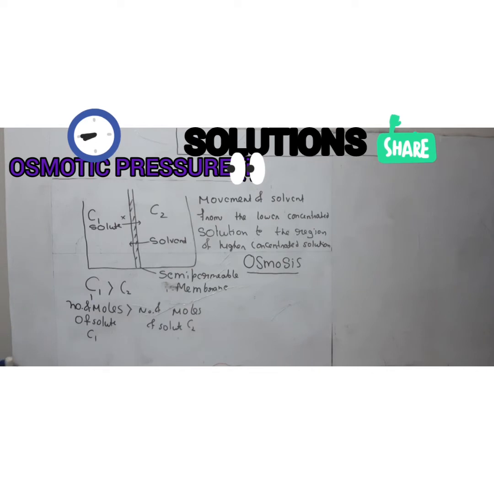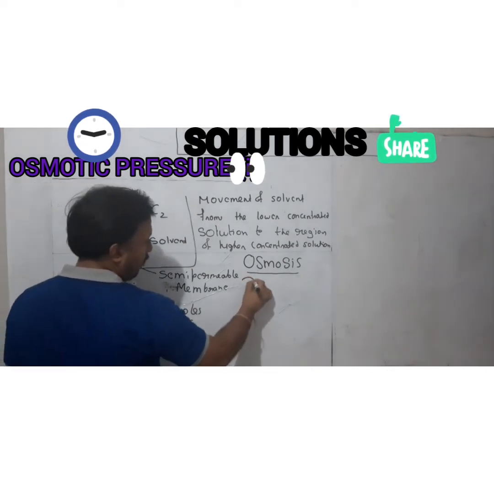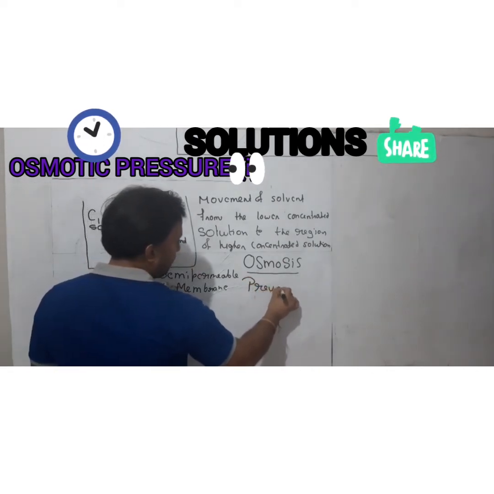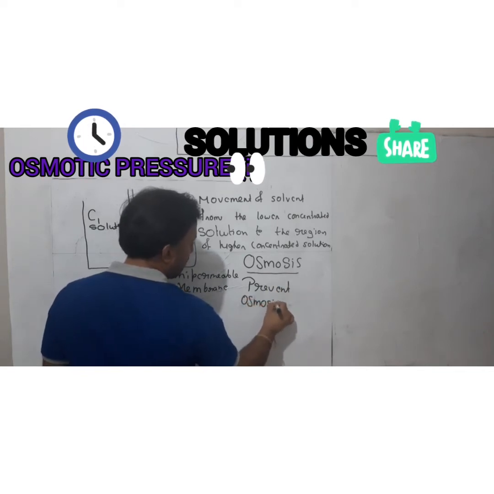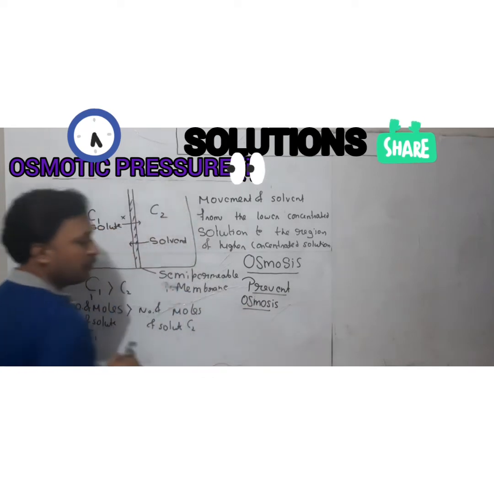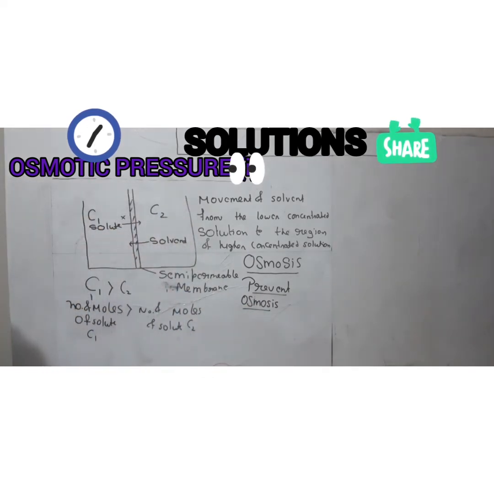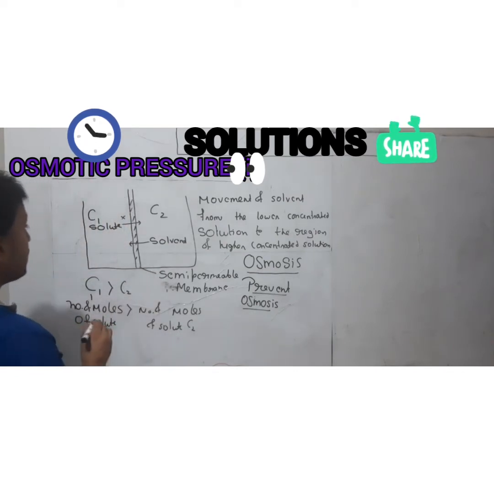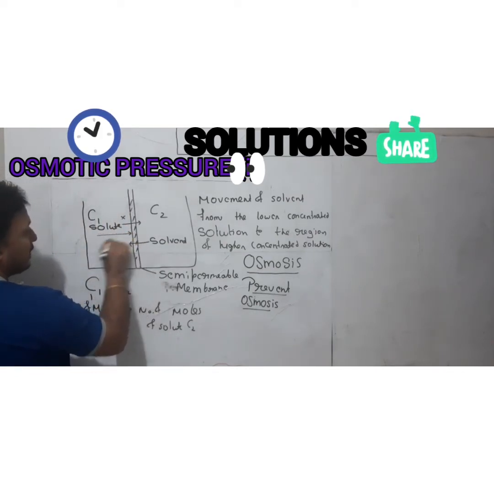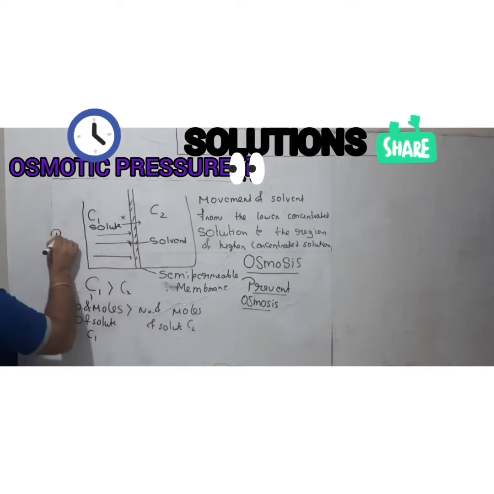Now suppose we want to prevent osmosis, we don't want osmosis to take place. If we want to prevent osmosis, then we need to apply pressure, just see here on this figure, on the wall of the semi-permeable membrane.